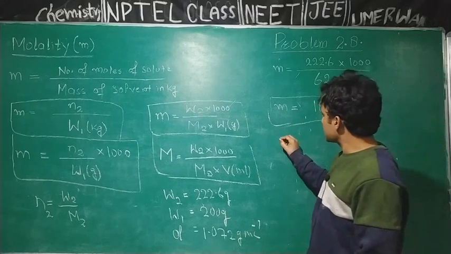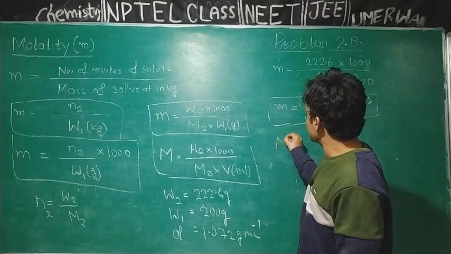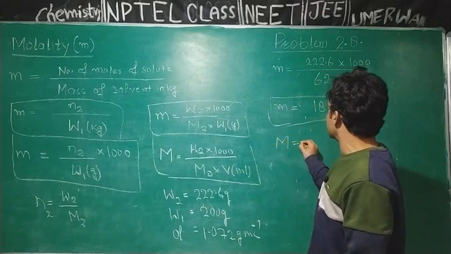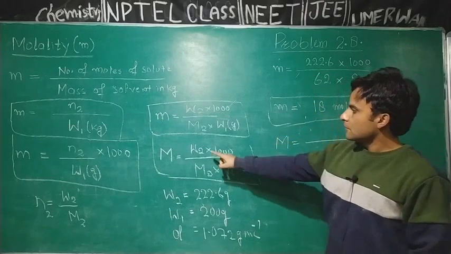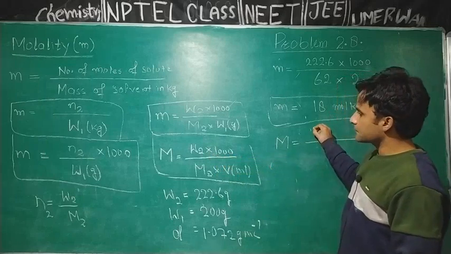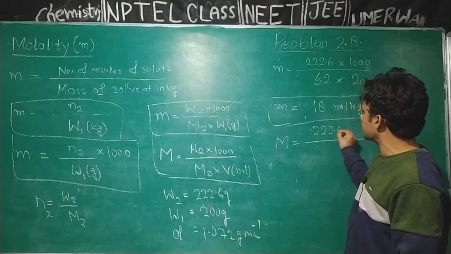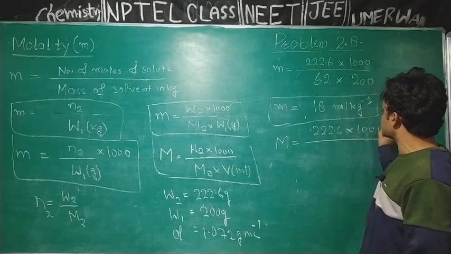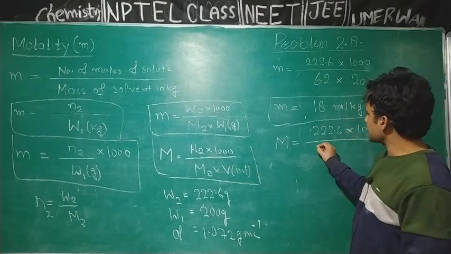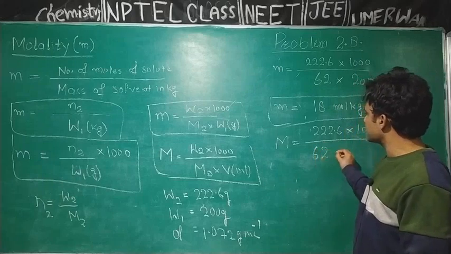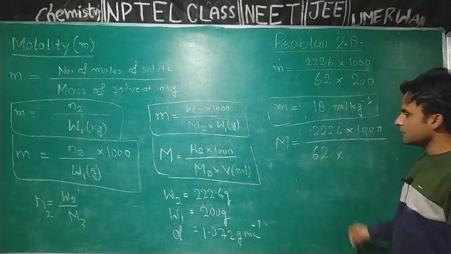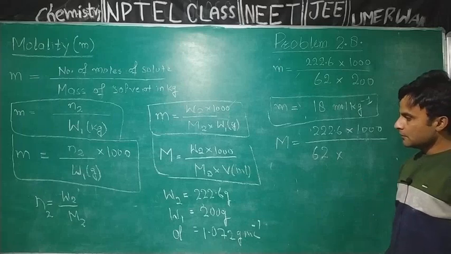Similarly, I will calculate molarity. Molarity is equal to the available mass of solute, 222.6 multiplied by 1000, divided by the molar mass of solute ethylene glycol, 62, multiplied by volume of solution in ml.